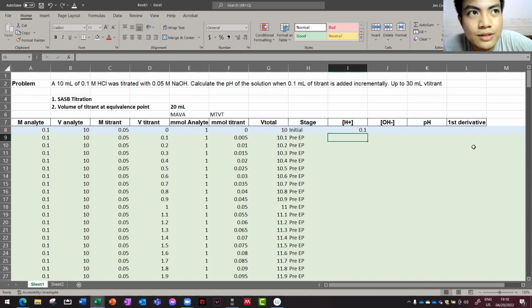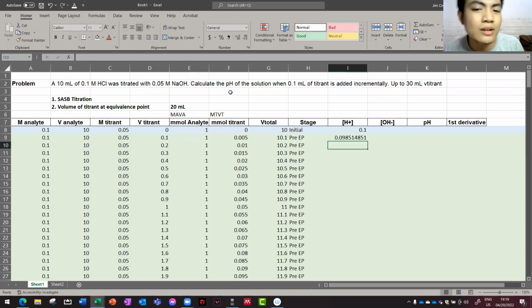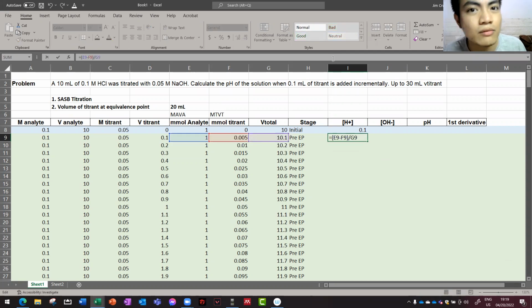So to get the H plus, the equation there is MAVA minus MTVT over V total, right? So MAVA is this one already. MTVT is this one. So you subtract them, kasi yun yung sabi sa equation, MAVA minus MTVT. And then you divide it by the volume total. Okay. So that means this is our equation for the entire pre-equivalence point.